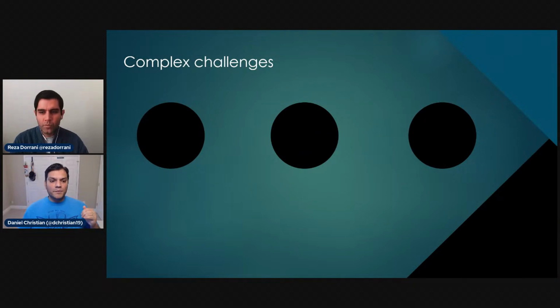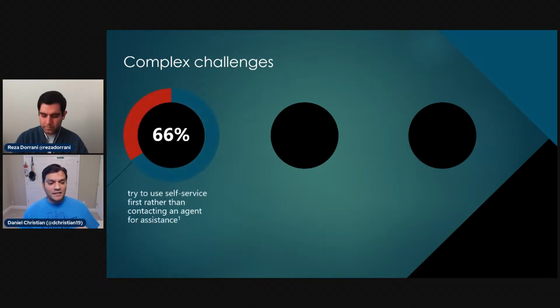Now, before we jump into building bot systems, here are some of the most important challenges that we need to spend some time on. Here's the thing: 66% of people try to use a self-service system rather than contacting an agent for assistance, which means they are trying to assist or take care of themselves. That 66% is a very important number.